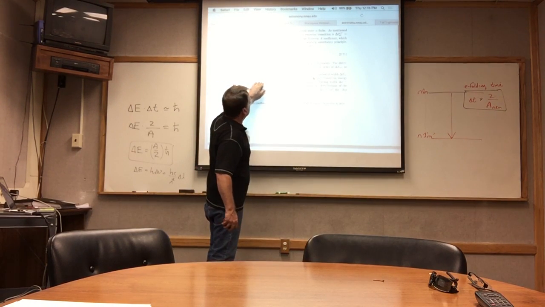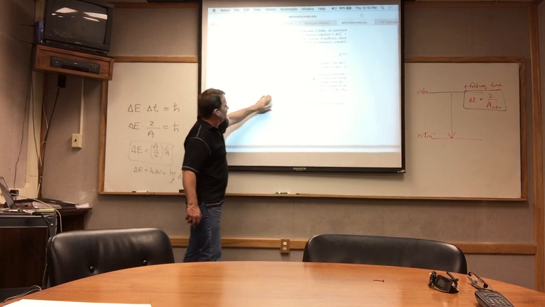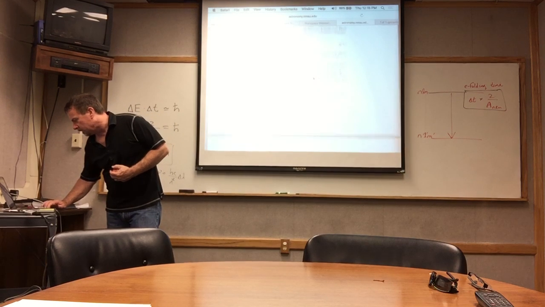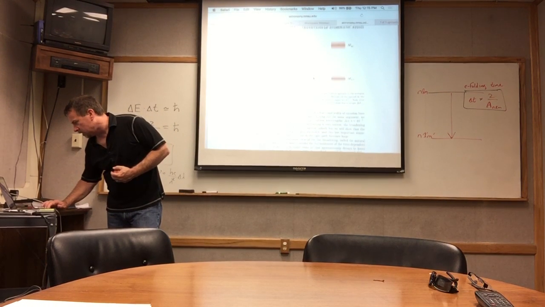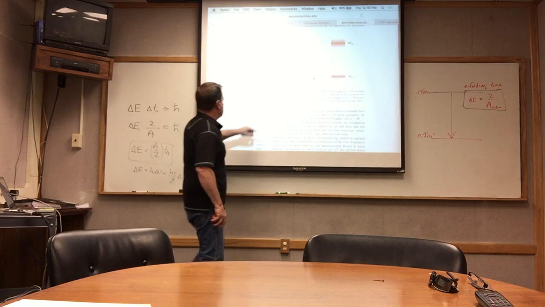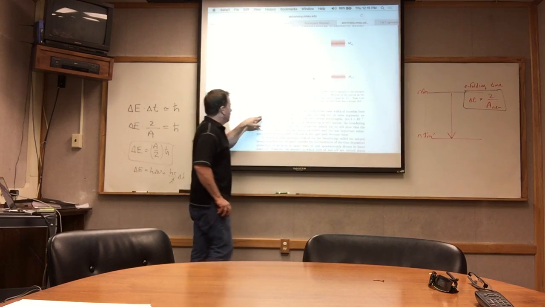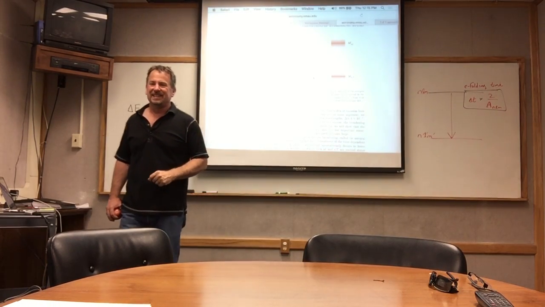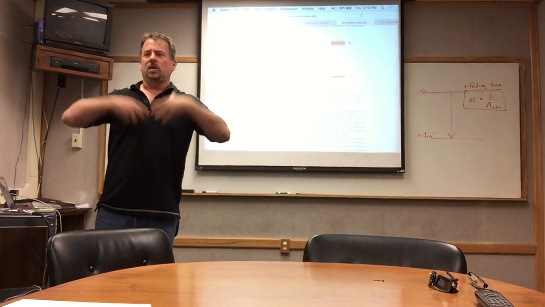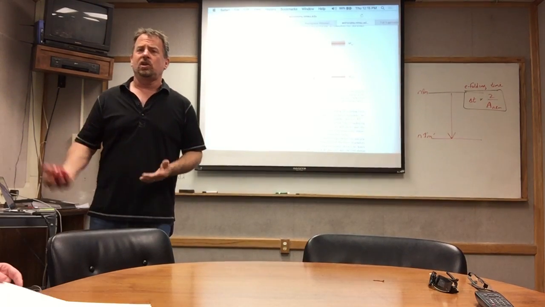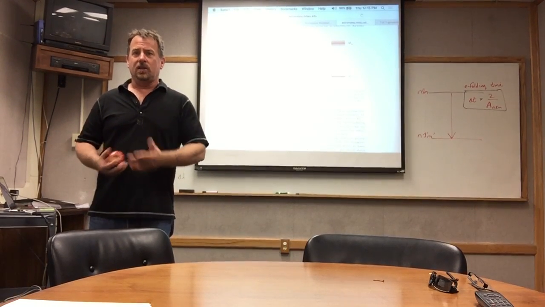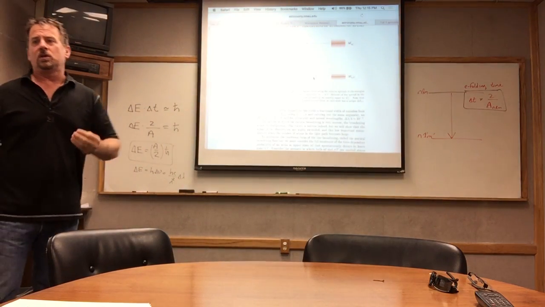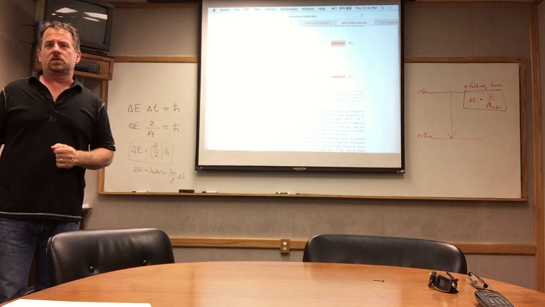So, given that, we get basically a delta nu of about 10 to the 8 hertz. That corresponds, in the optical, to a fractional difference of about 10 to the minus 7 in frequency. If it's coming out in the optical, which I believe is around 10 to the 15 hertz, and the uncertainty in the energy level is 10 to the 8 hertz, then it's roughly a fractional difference of 10 to the minus 7.